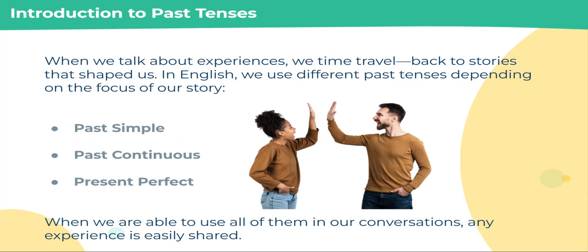We have the past continuous, which is the subject plus 'to be' as the auxiliary and then the verb plus -ing. And then we have the present perfect, which is the subject with the auxiliary 'to have', avoir, and the past participle. When we are able to use all of them in our conversations, any experience is easily shared.